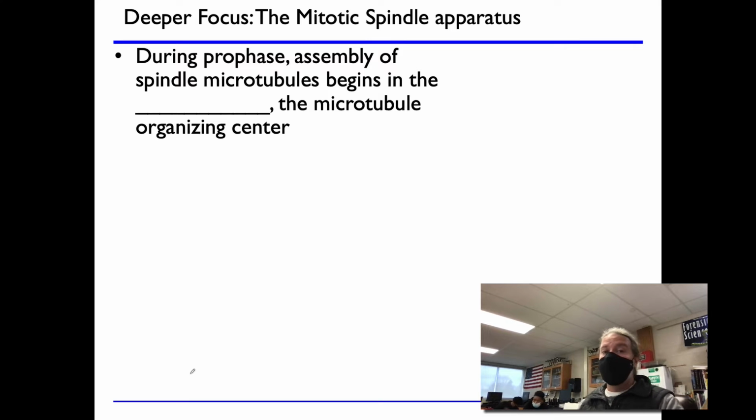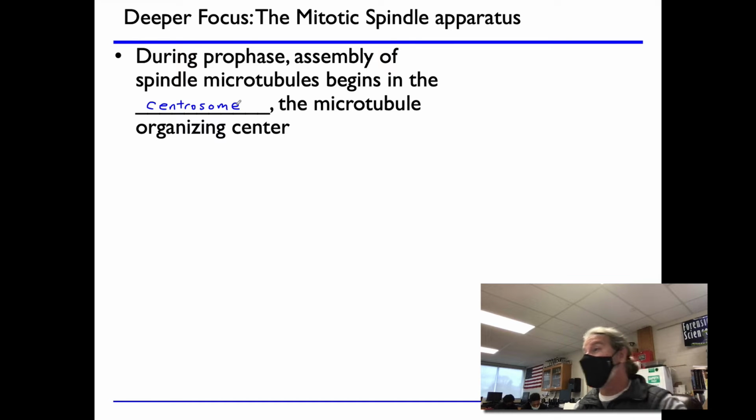So let's start here. During prophase, assembly of the spindle microtubules begins in one of those organelles that we met in chapter 7. So this is the centrosome. All right, so now we got a whole bunch of C words here in chapter 7 and 8.